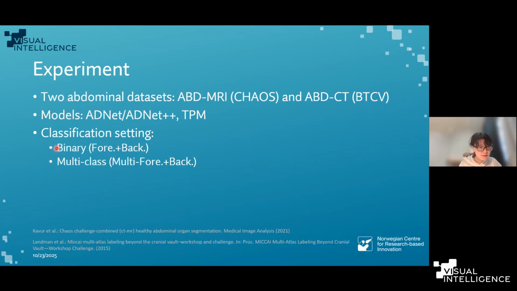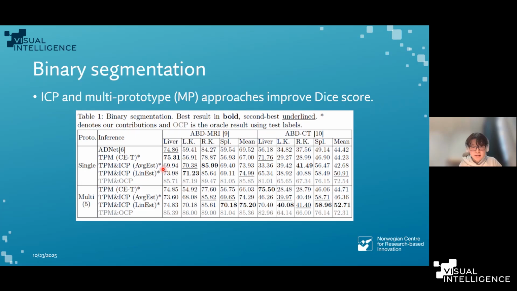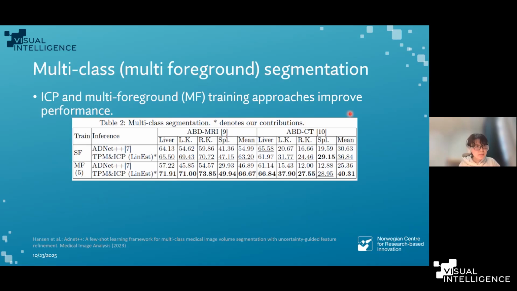For binary segmentation, we only have one foreground class, but for multi-class segmentation, we have multiple foreground classes. In general, in the binary segmentation setting, we found that ICP and multi-prototype approaches improve the Dice score. And in the multi-class segmentation setting, ICP and the multi-foreground training approaches improve performance.